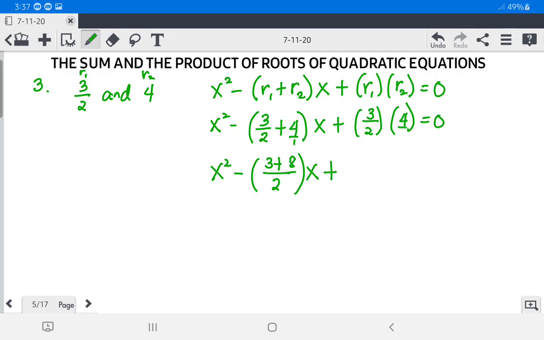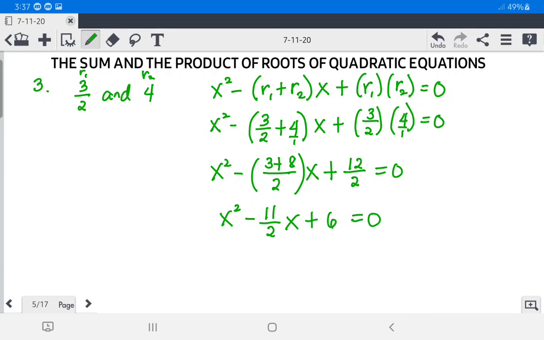So multiply the numerators and multiply the denominators. So we have 3 times 4, we have 12. Then 2 times 1, we have 2. Then equals 0. So we have x squared minus. Then 3 plus 8, we have 11 over 2x. Then plus 6 equals 0.